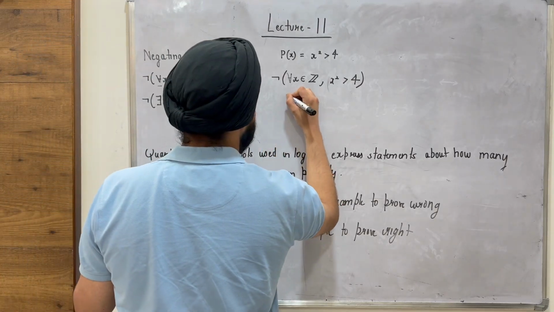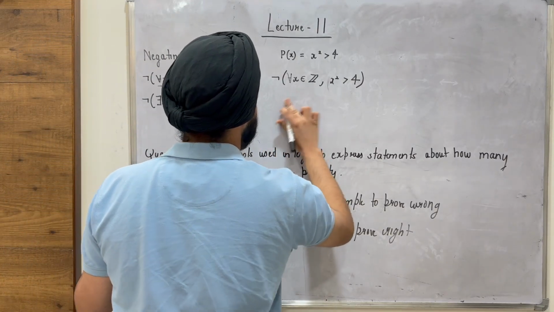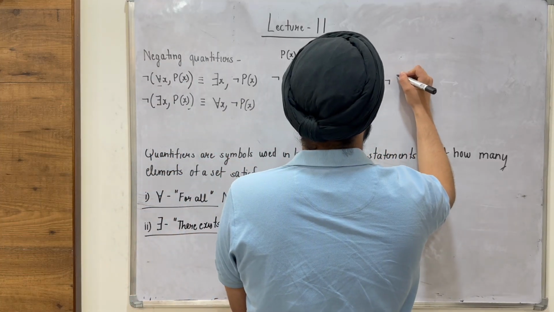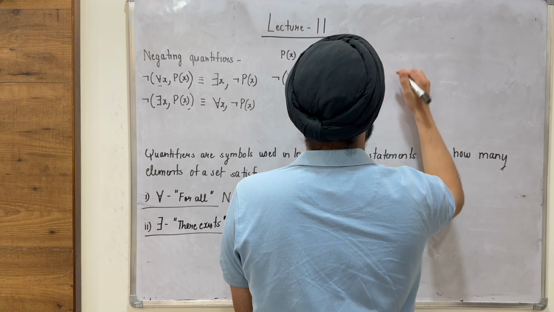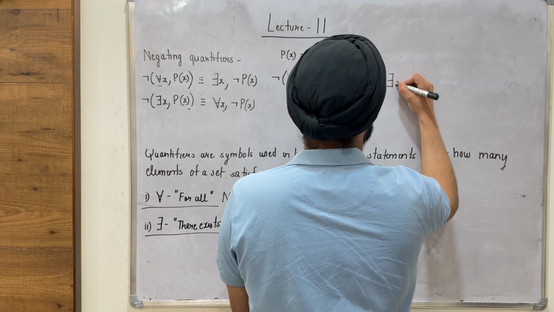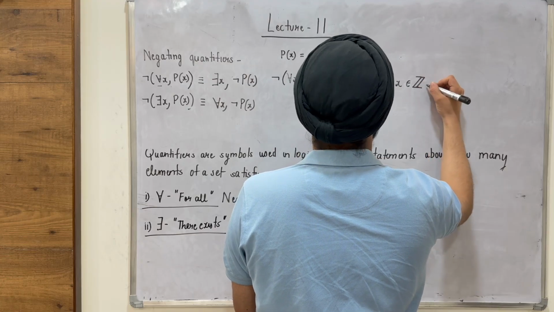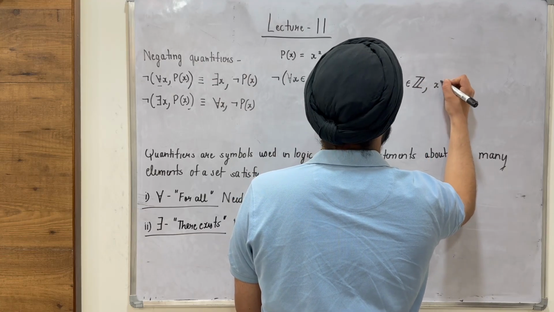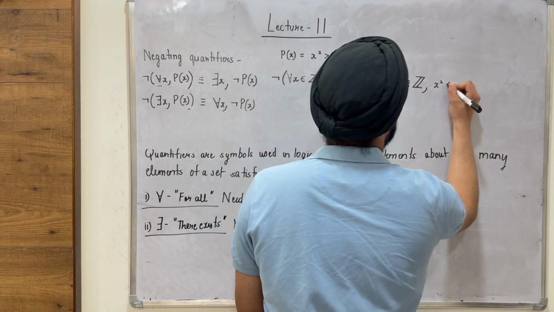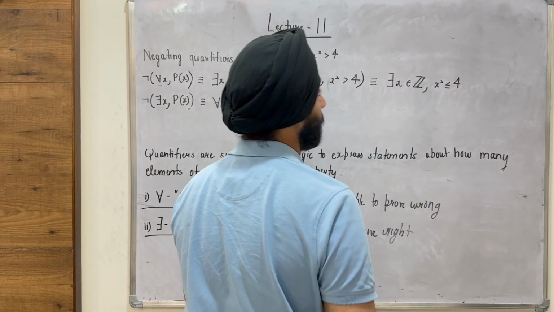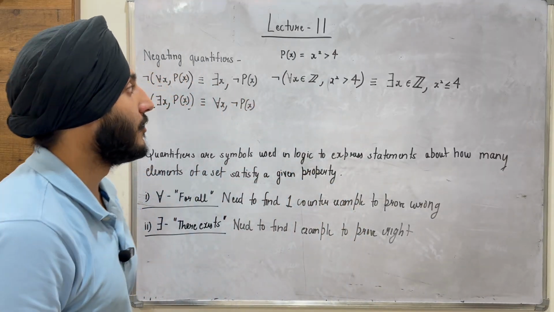This is actually equivalent to there exists x such that x square is less than or equal to 4. This is what it is equivalent to.